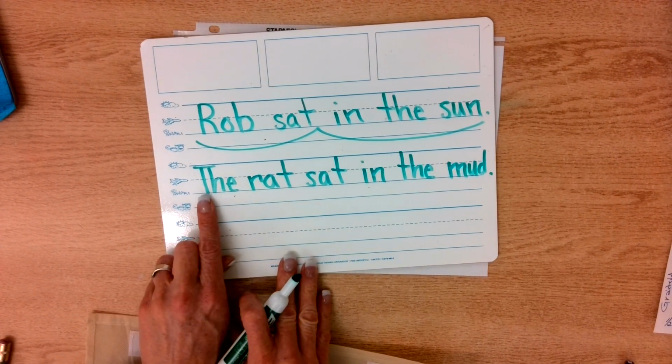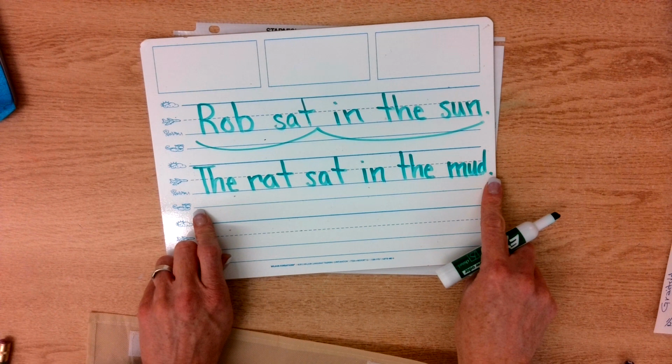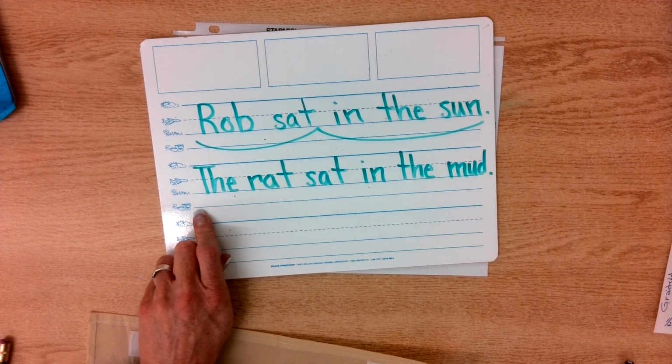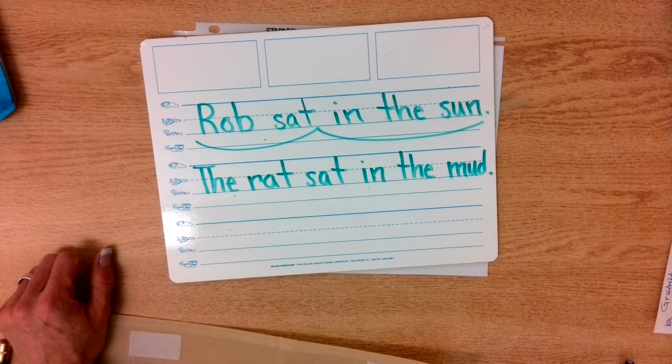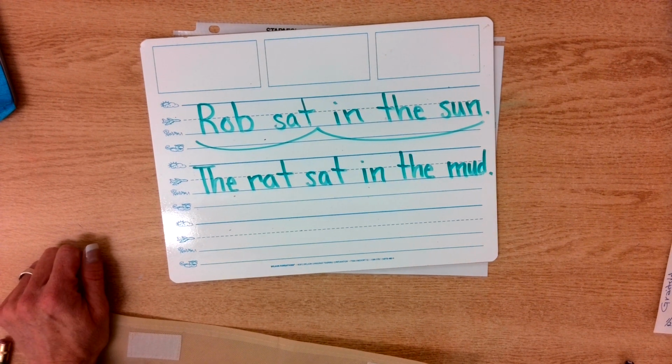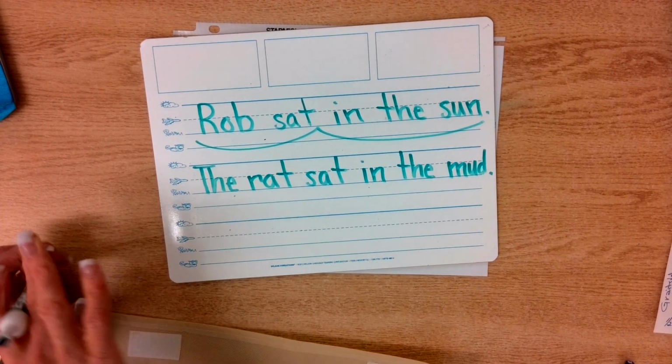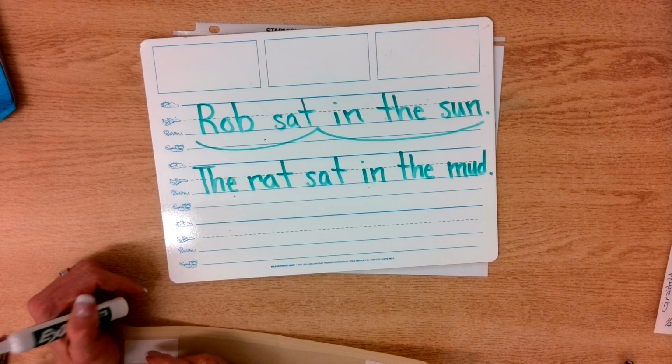Notice there's a capital letter at the beginning, punctuation at the end. Okay, now let's think about how we would scoop up this sentence. I'm going to read it without scooping it up so you can hear the words. And then we're going to make it smooth and scoop it up.